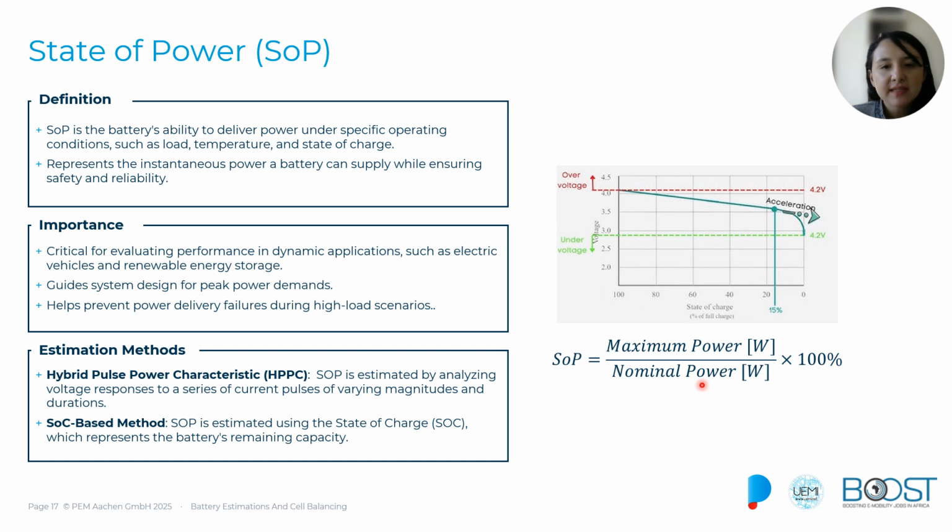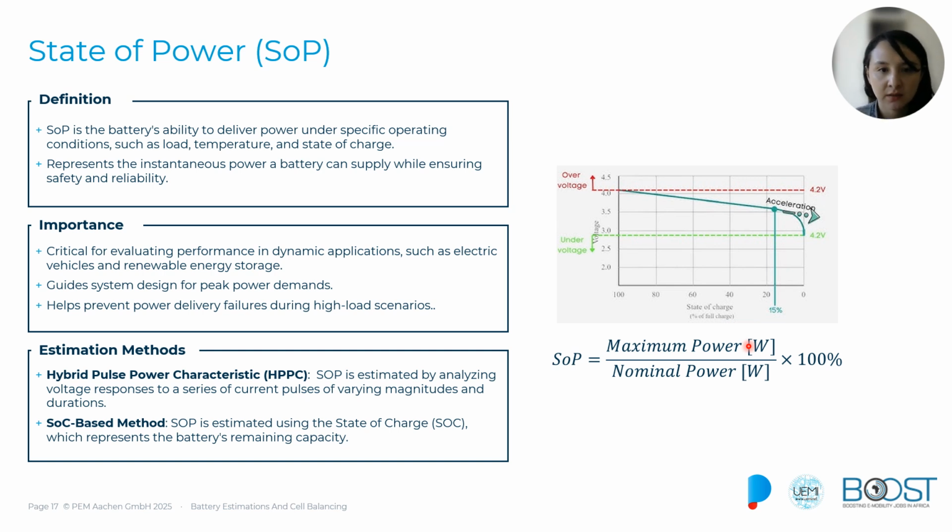This represents the maximum instantaneous power that the battery can supply at a given moment. Depending on the state of charge and the state of health of our battery, the amount of power that we can deliver can be limited. So the SOP will help us to determine whether the battery can meet the demands of high power applications without exceeding the safety limits, or if it is required to limit the power.